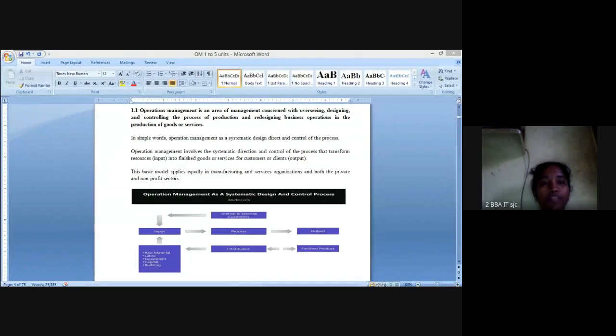Systematic direction means direction should be given to the production department.